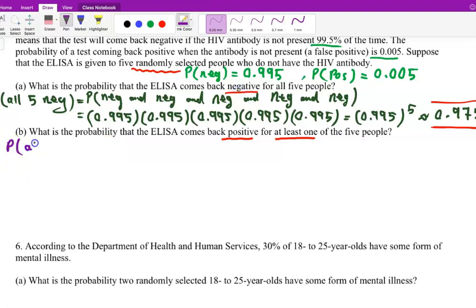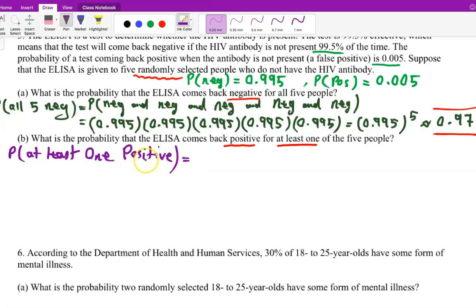Probability of at least 1 positive is equal to 1 minus the probability of all 5 negative. See, I don't want to have negative. That's why I should subtract that from 1 to get the answer for at least 1 positive.